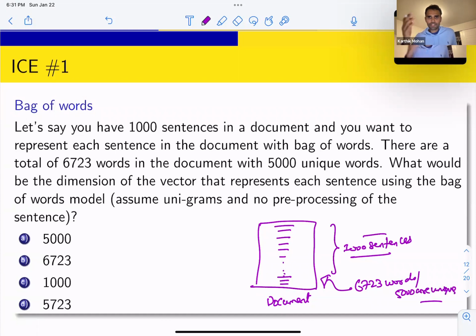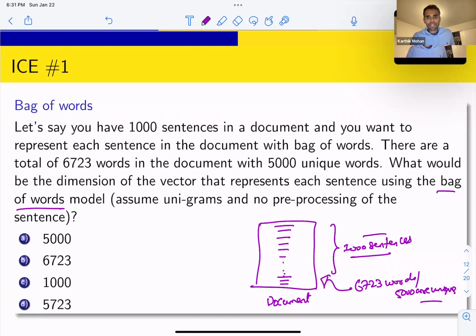For instance, you have a word like the or a that gets repeated more than once. Then you collect the number of unique words and you get 5,000. So the question here is, for the bag of words model, what would be the dimension of the vector that represents each sentence in this document?